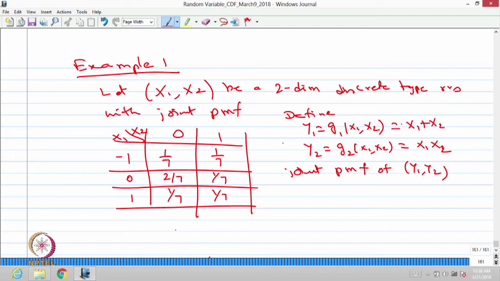Since it is of discrete type, you can make a table, with y1 and y2. Since x1 takes values -1, 0, 1 and x2 takes values 0 and 1, y1 takes values -1, 0, 1 and 2.